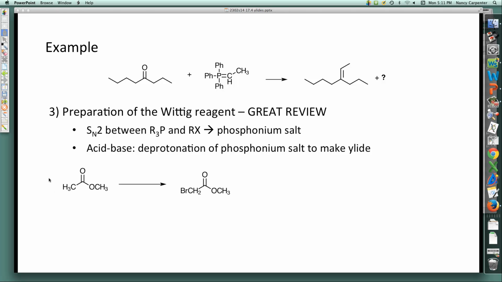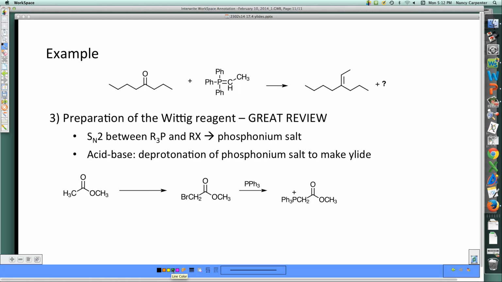So let's look at an example here. If I take this ester and convert it to this bromo ester, well, you should know how to do that. I can then react the bromo ester with my phosphine, and that preferentially attacks at the carbon bearing the leaving group, the halide, to make my phosphonium salt.